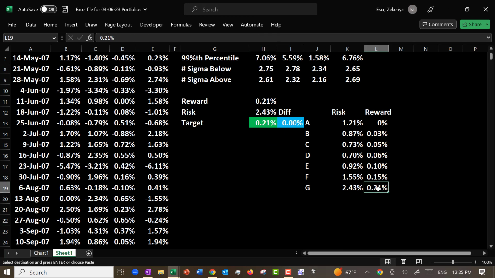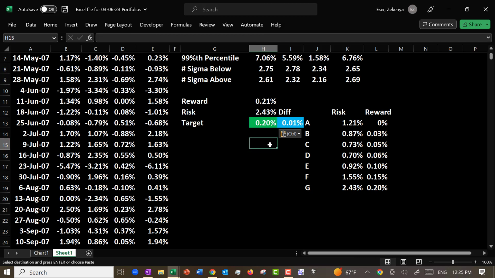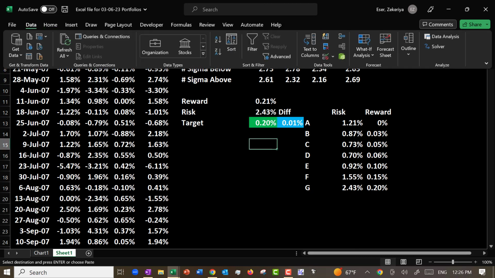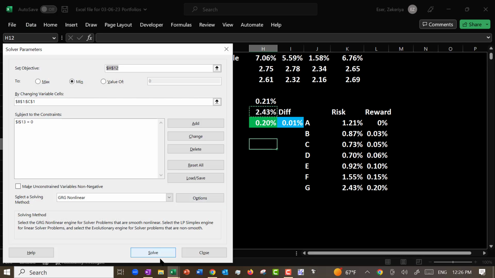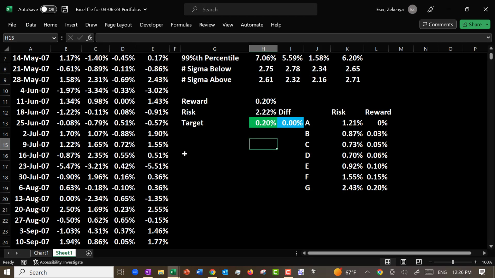So among portfolios that have the same average return as the S&P 500, this portfolio has a much lower risk, 263 versus 222. And that comes from shorting the bond market.